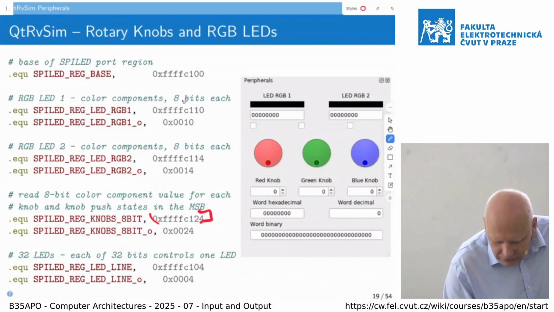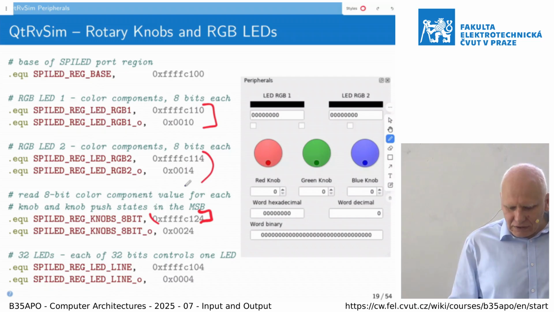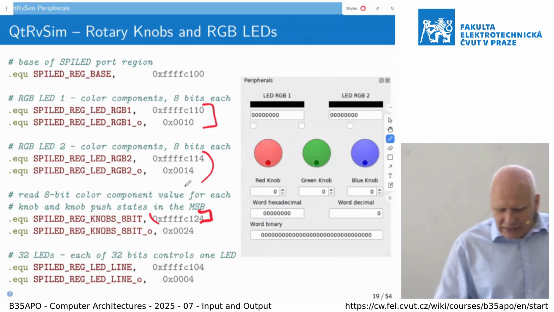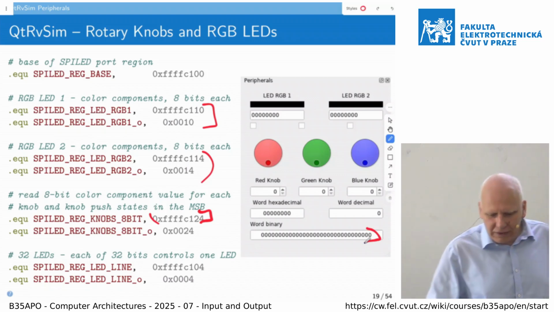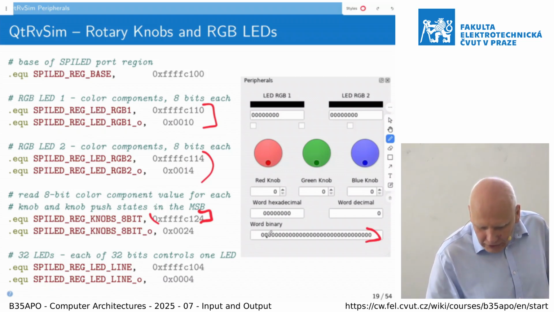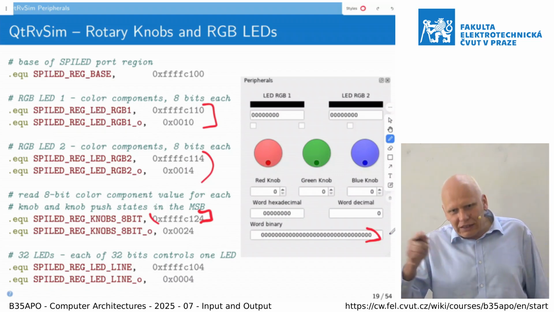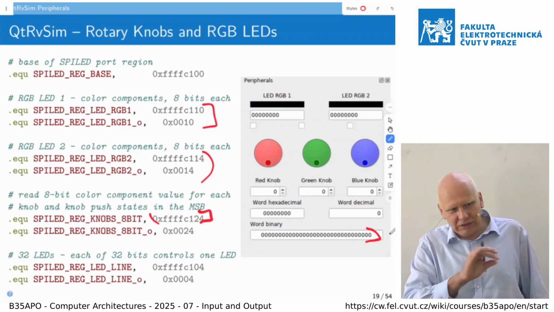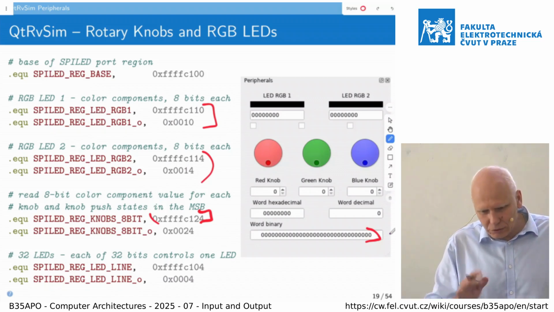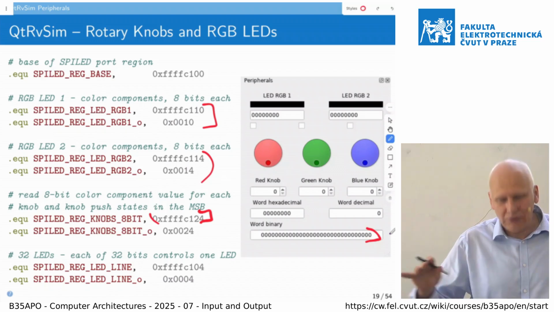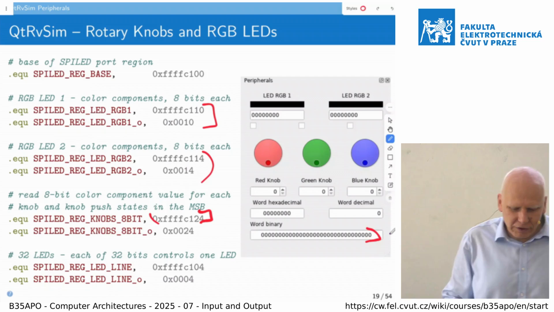And then there is a control register for the first LED and second LED, so you can write them back. There is even a debug register where you can write a 32-bit word, and it is displayed on our kits on individual LEDs. So you have there the red LED line with 32 LEDs, where you can light each one on and off individually by the bit.